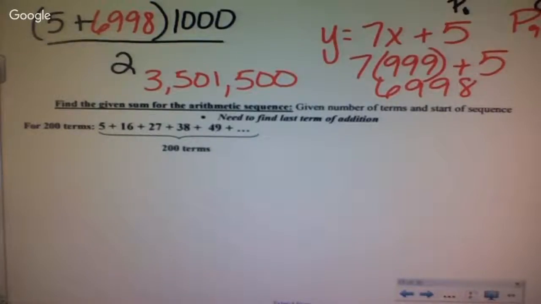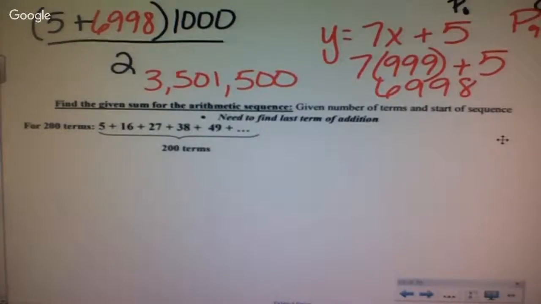Yes. You're not trying to find the whole thing. All you need to find the sum using my formula is the first number in my sequence, the last number in my sequence, and how many numbers are in between. That's all I need. I think this formula is a lot easier than some of the other ones.